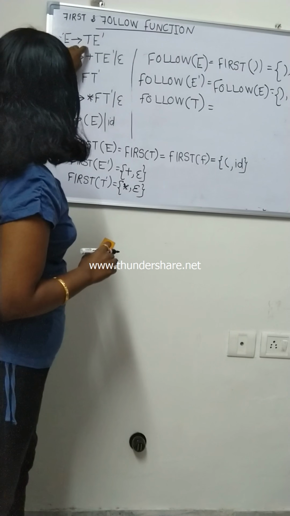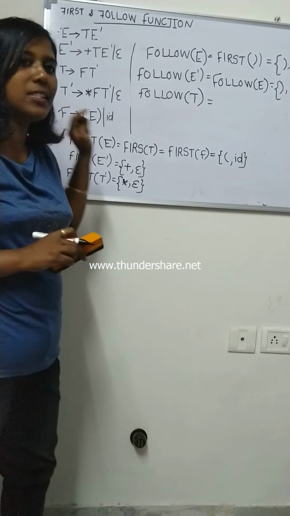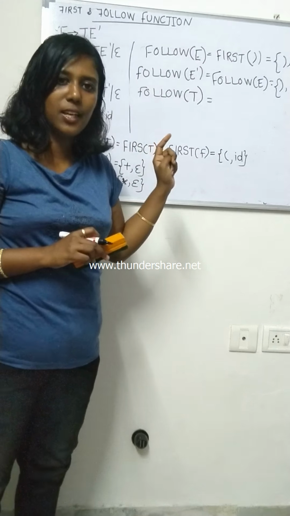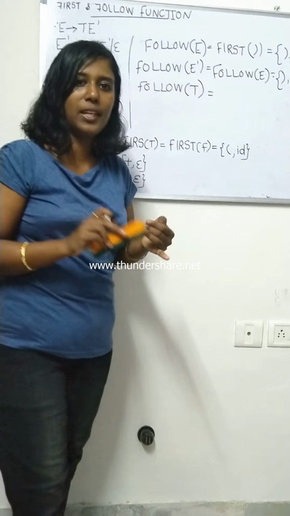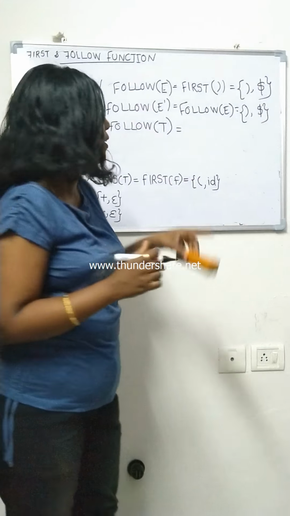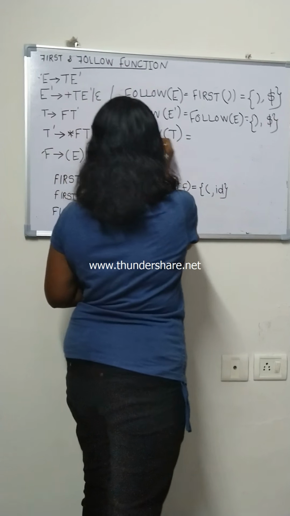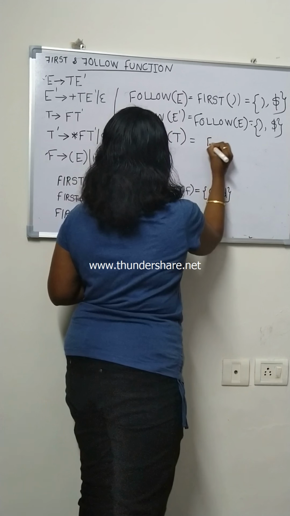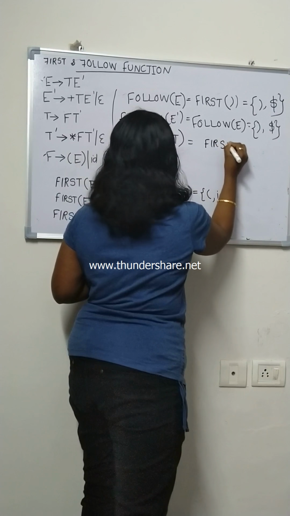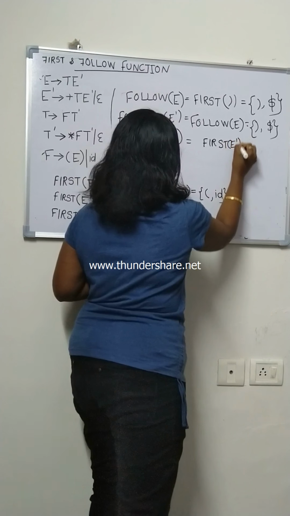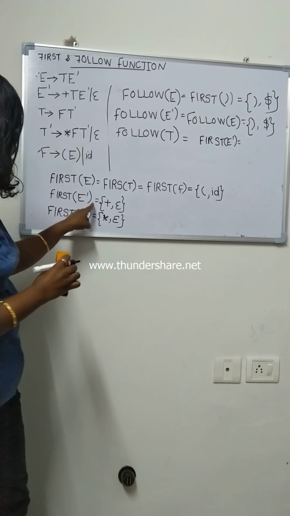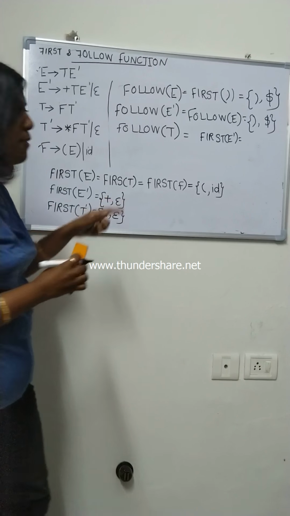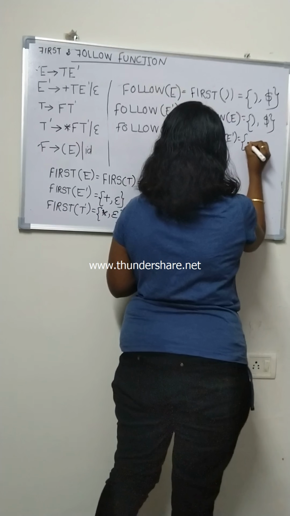So followed by T, which character is there? E dash. E dash is a non-terminal. Whether it is terminal or non-terminal, we find first of that value. So follow of T is equal to first of E dash, and first of E dash we already found here: it is plus and null value.